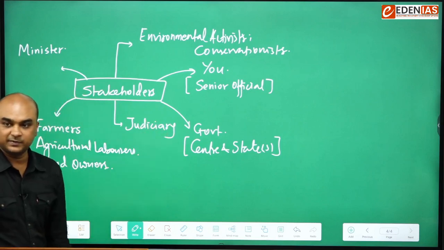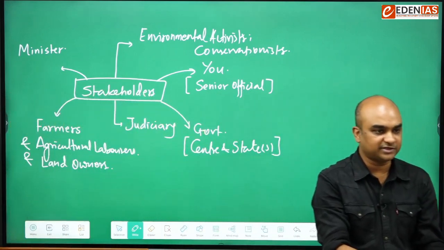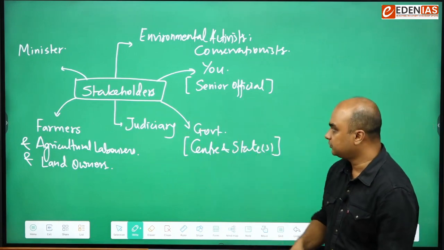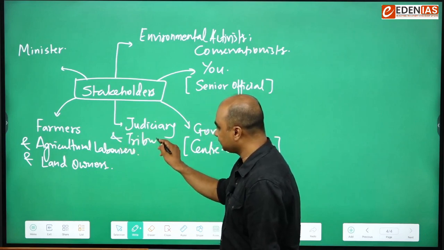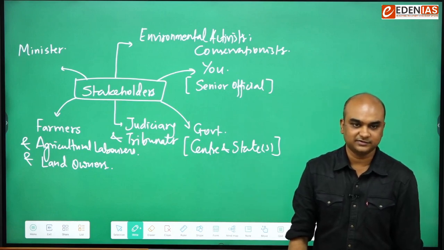Will judiciary also become a stakeholder? There are laws into question. So if there is a dispute, you will go where? To the courts. So judiciary and can I say tribunals? They are also stakeholders.